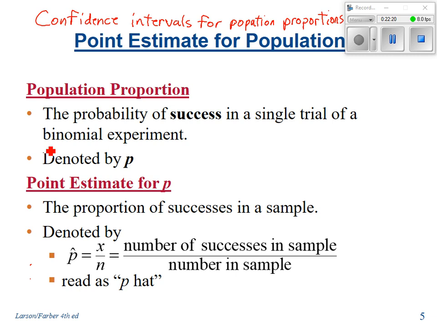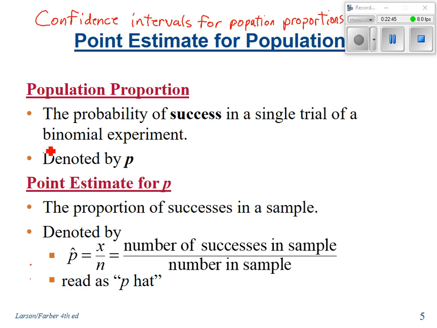So the population proportion, again, is the probability of success in a single trial of a binomial experiment. Remember, a binomial experiment has two options: success, fail. P is that population proportion. P hat is the sample proportion.